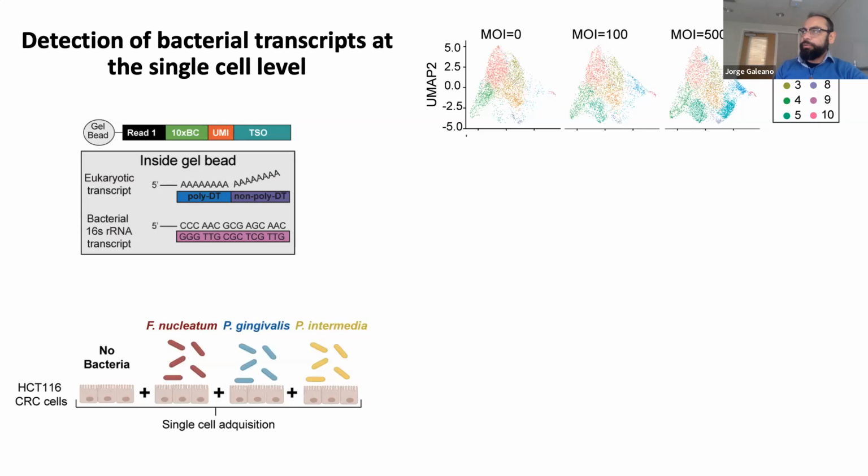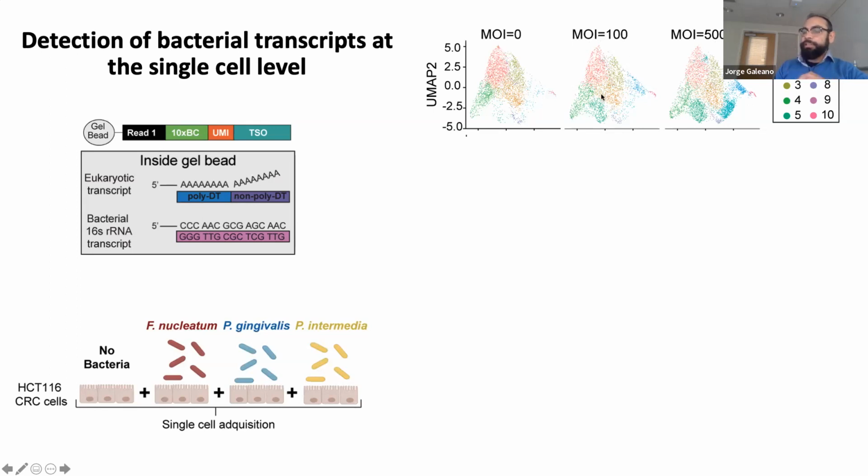What we want to emphasize is that in this cell line, clusters 5 and 6 are minor populations. When we infect our cell line with bacteria, at MOI 100 or MOI 500, there is an expansion of cells in clusters 5 and 6, and a reduction in cluster 1.